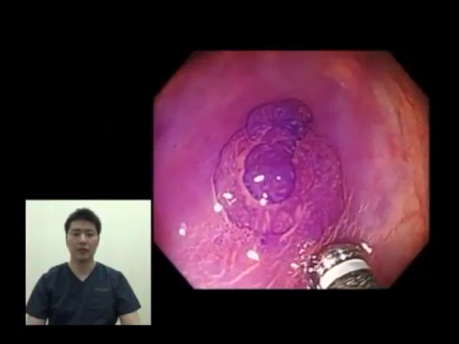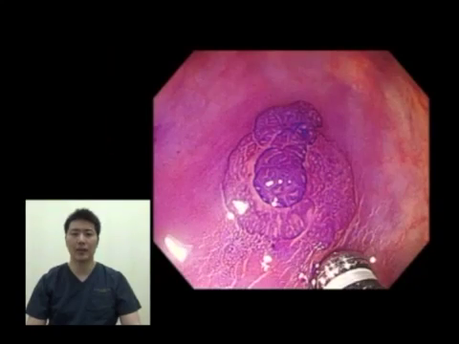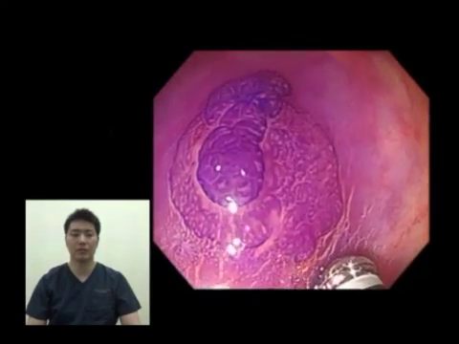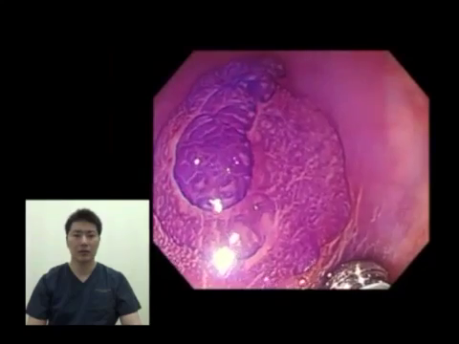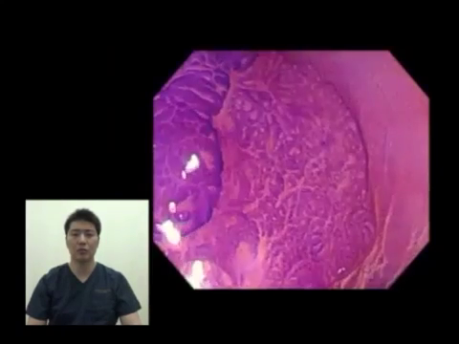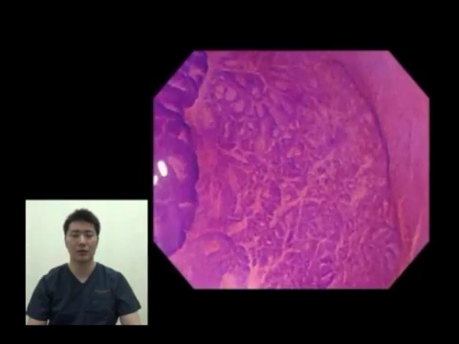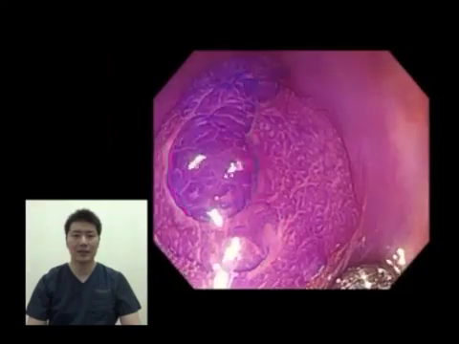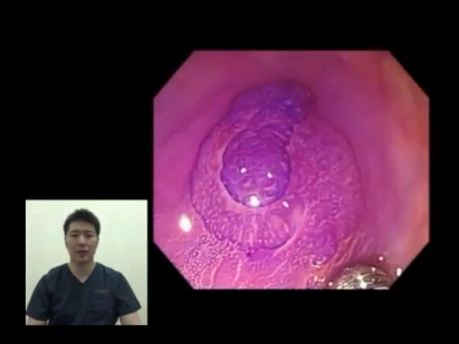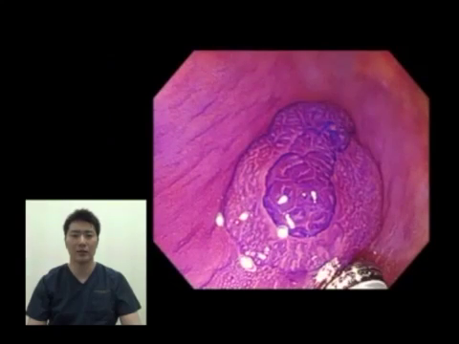We then observe the lesion at high magnification using 0.04% crystal violet. In this particular case, the portion with type 2 open pit pattern corresponded histologically to SSAP, whereas the portion with type 4 pit pattern corresponded to SSAP with cytological dysplasia.